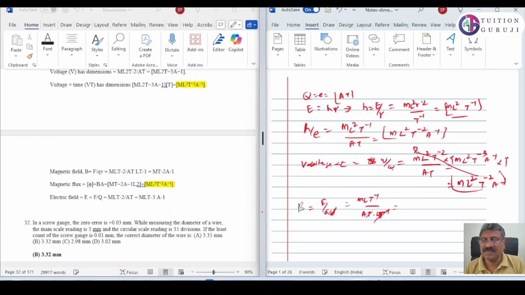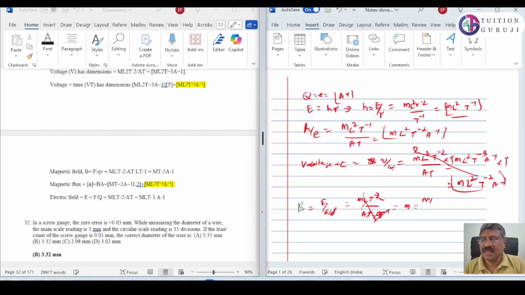So T and T will get cancelled, and L and L will also get cancelled. So M is there, then MLT⁻². Force is MLT⁻². We will write once more.